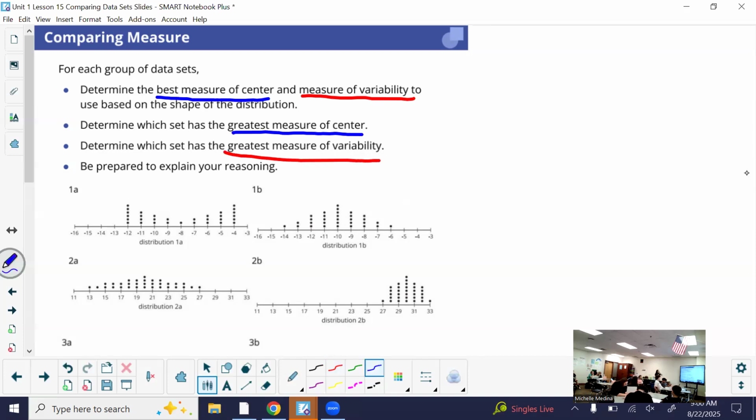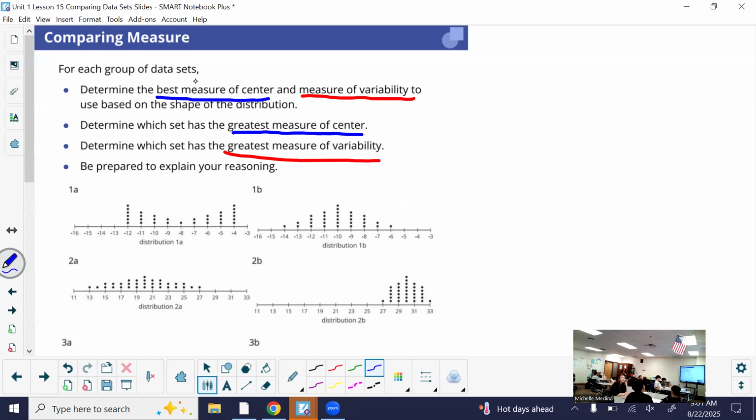So when I say, what's the best measure of center, what are your options? What are my options for measures of center? See, this is why we're still doing this, even though it's repetitive, and I think you should know it by now.